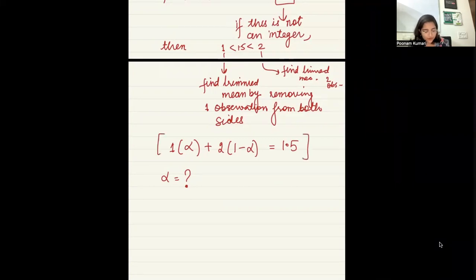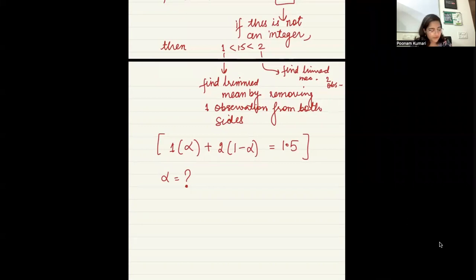So basically you have to see what alpha value will bring 1.5 here. If we want it to be 1.5, alpha should be 1 by 2, right?